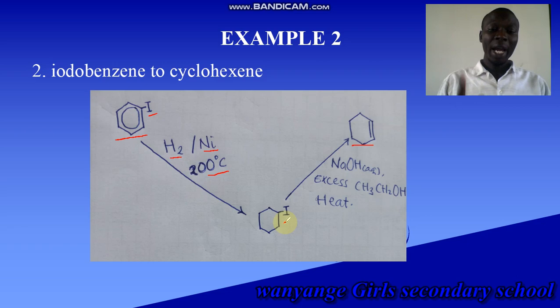Then to convert the iodocyclohexane to cyclohexene, you simply need to dehydrohalogenate. What are the reagents? Sodium hydroxide solution or potassium hydroxide solution in presence of excess ethanol, and we heat. Then we shall form the cyclohexene.